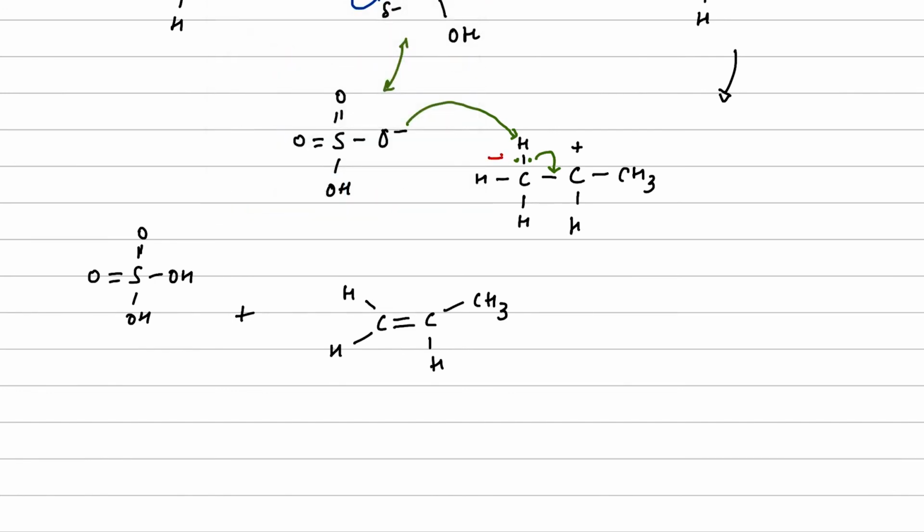The electrons that made up that carbon-hydrogen bond become the pi electrons in the carbon-carbon double bond of our product. And as we've seen before, we get a change in geometry. So where we did have a tetrahedral arrangement around the central carbon atom, we end up with a planar arrangement.